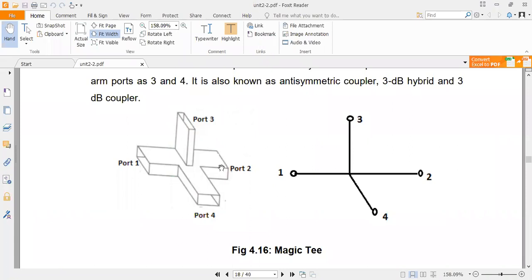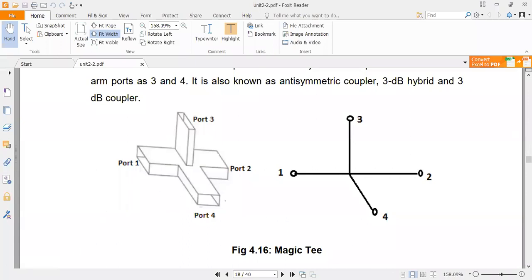As we discussed, in E-plane T a series arm, that is port 3, is attached here, and then it becomes E-plane T. If a port is shunted to this collinear arm, then it becomes the H-plane T. Now when you combine both, what are you going to get? It's a magic T. So how many ports does it consist of? It is a 4-port device.